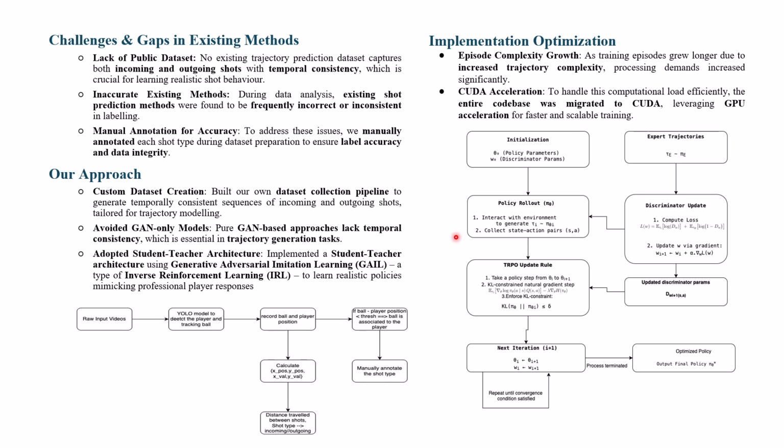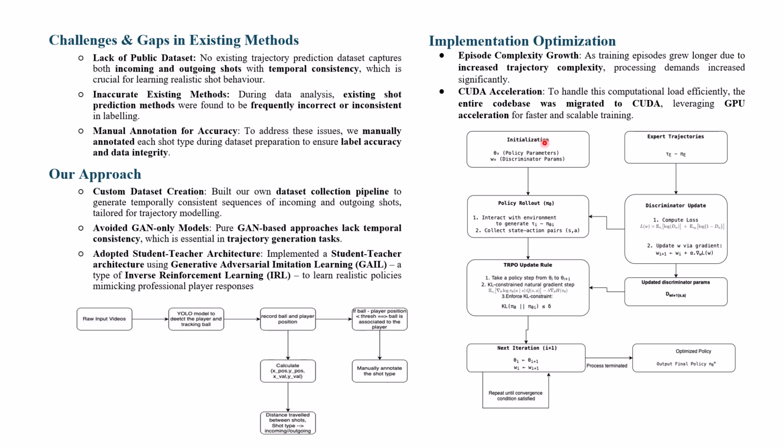And then the flowchart here shows the heart of our model. It's the GAIL learning pipeline using TRPO, and here is how it works.